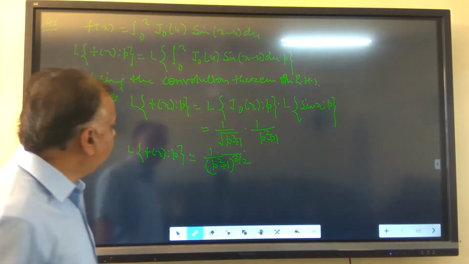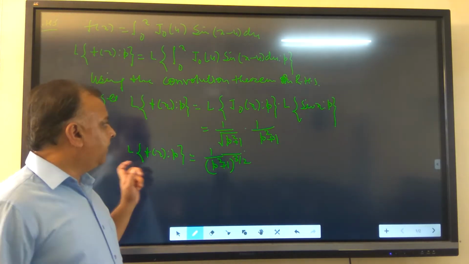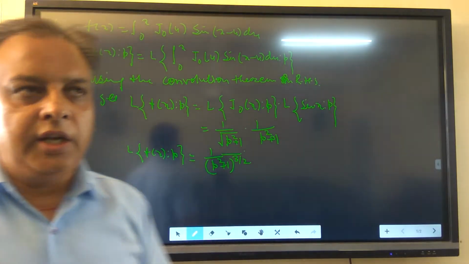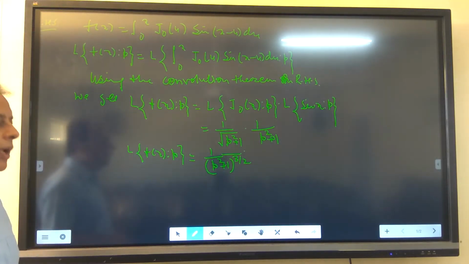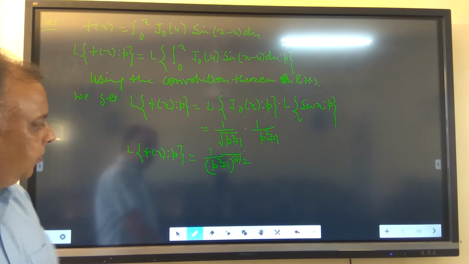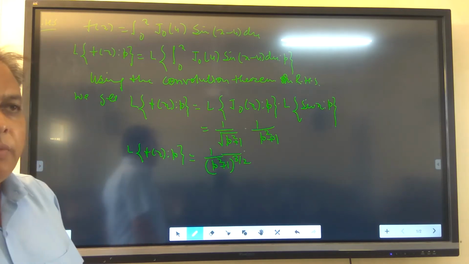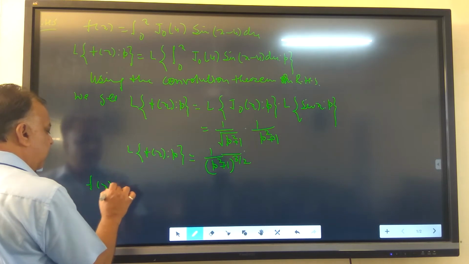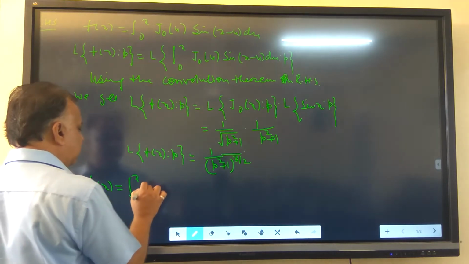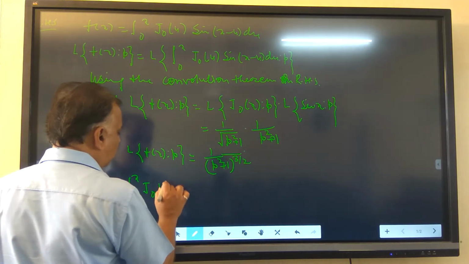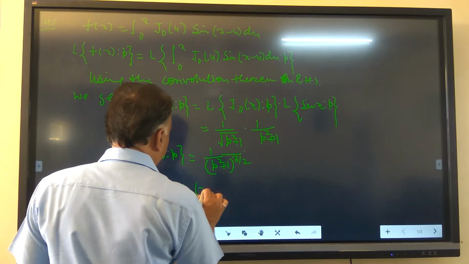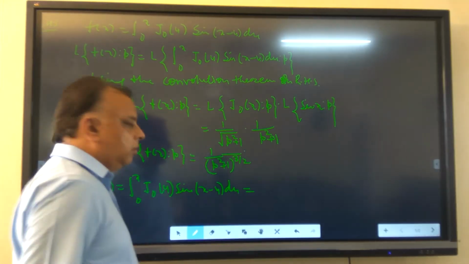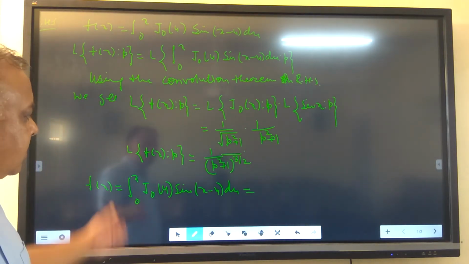So using the convolution theorem, the Laplace transformation of the function f(x), which is the value of the integral we have to calculate, is equal to 1 upon (p square plus 1) whole raised to 3 by 2. In order to find f(x), that is the value of the integral from 0 to x of J0(u) sin(x minus u) du, we have to find the inverse Laplace transformation of this.